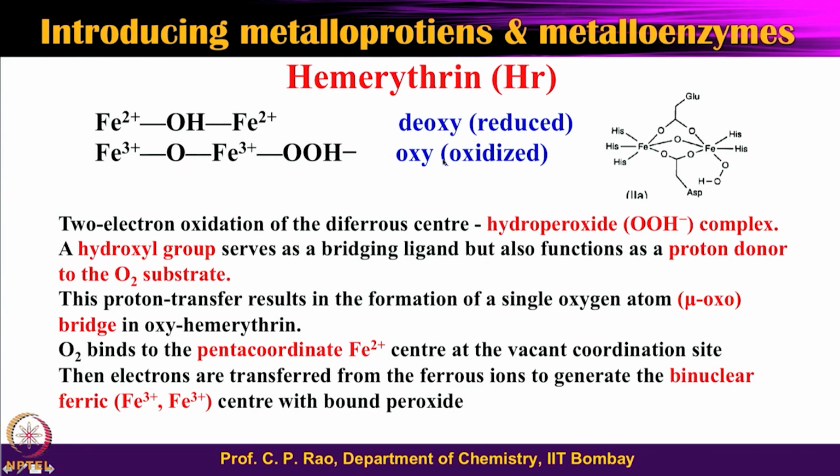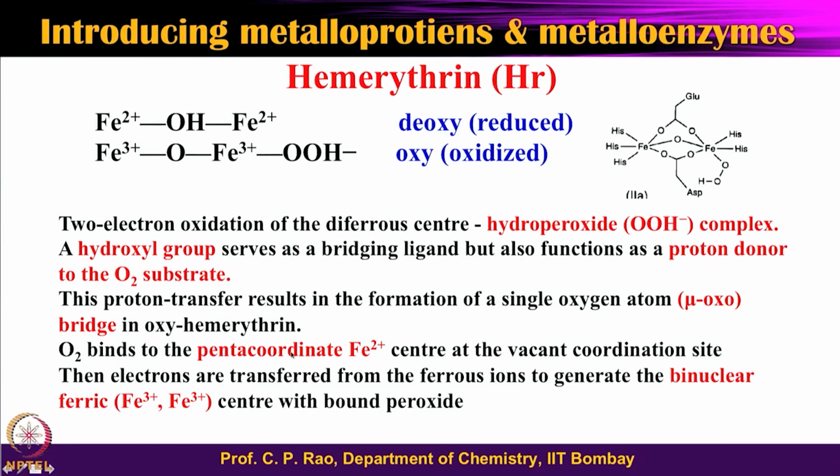So, oxidized. Now, you can see there is a huge difference between the oxy form of hemerythrin and the oxy form of hemoglobin. In the oxy form of hemoglobin, nothing much happens to the oxygen bond order at all, whereas in the hemerythrin the O-O bond order is reduced.